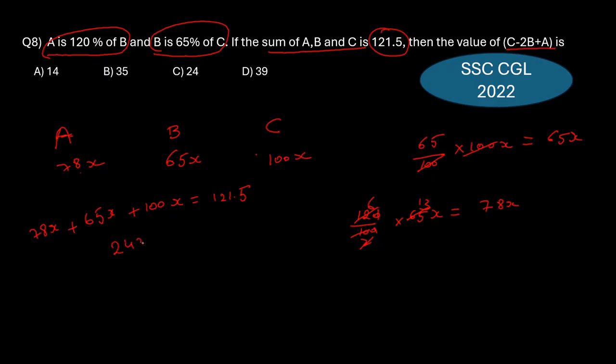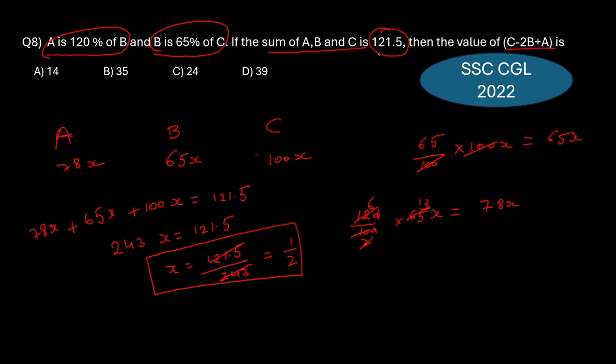So 243x equals 121.5. x equals 121.5 upon 243. That equals 121.5 once, and this 2 will get cancelled 2 times. So the value of x is 1 by 2.